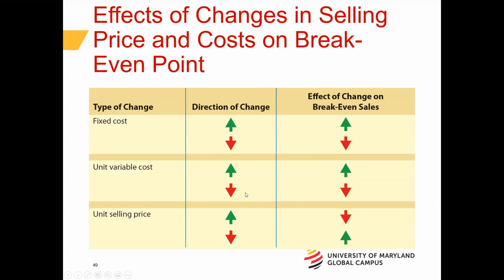Variable costs decrease, my break even decreases. The only different one here is our sales price. If I increase my sales price, my break even decreases. If I lower my sales price, my break even increases.